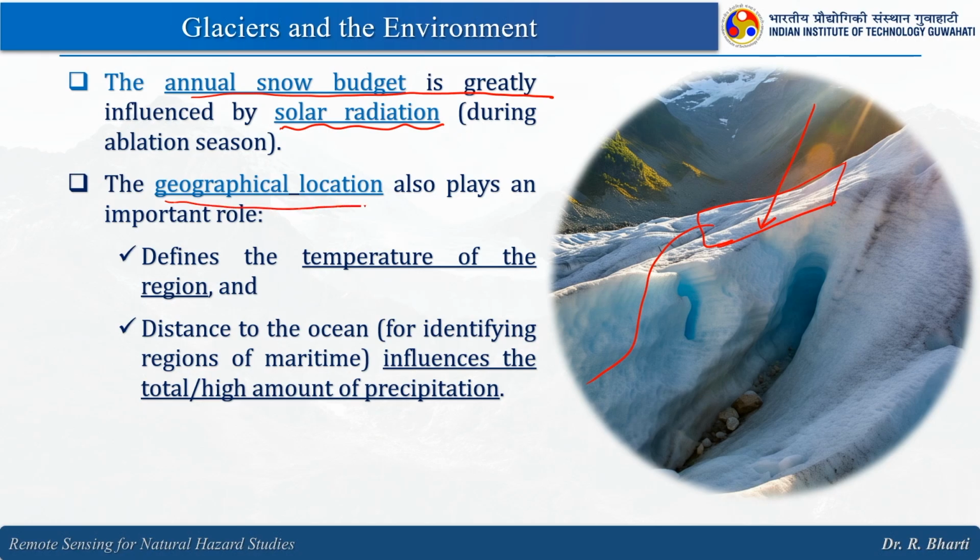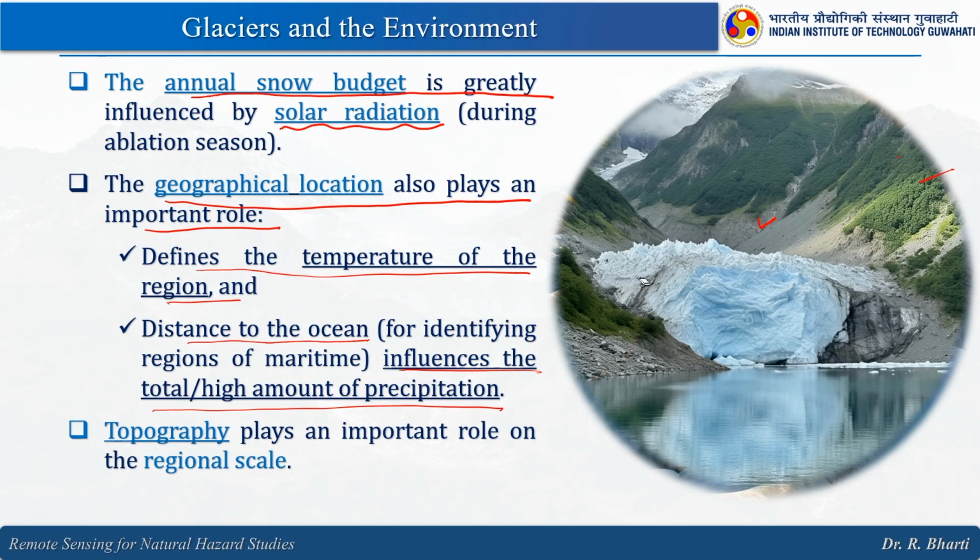The geographical location also plays an important role, because of the topography as well as the height above MSL. Those things define the amount of solar radiation received by a particular location, and so the temperature of the region. Distance to the ocean influences the total or high amount of precipitation.